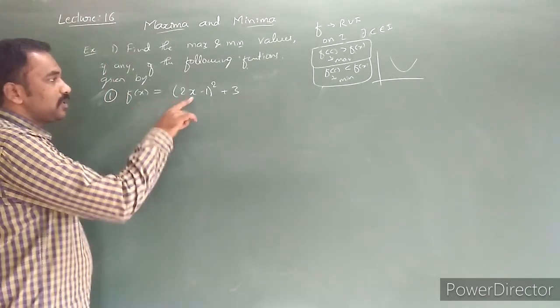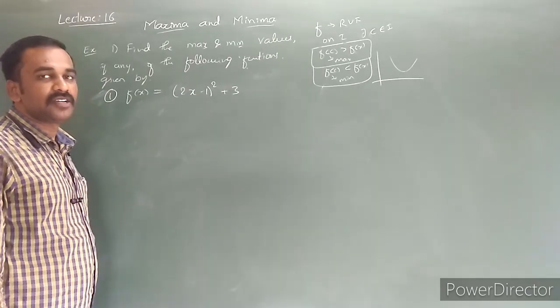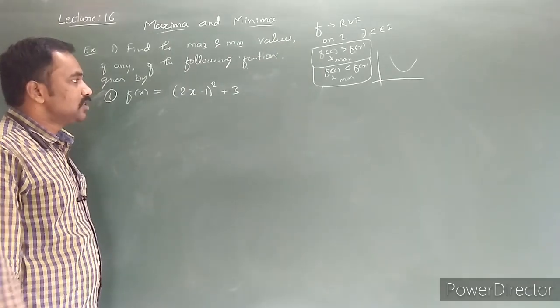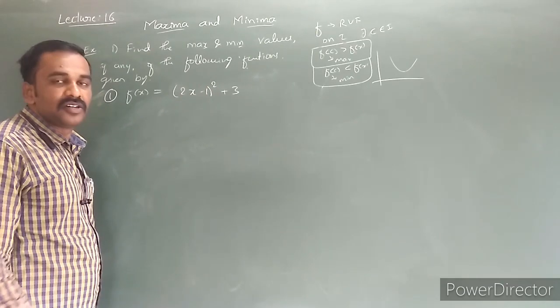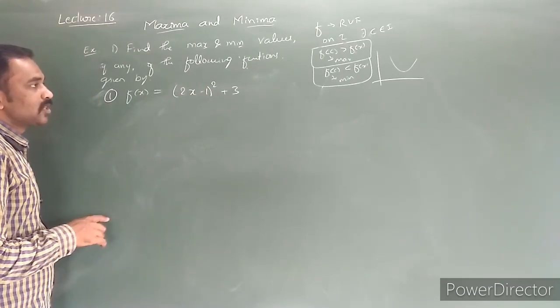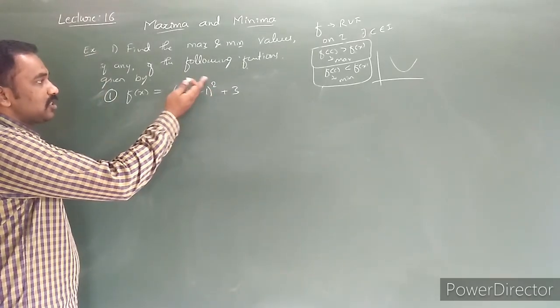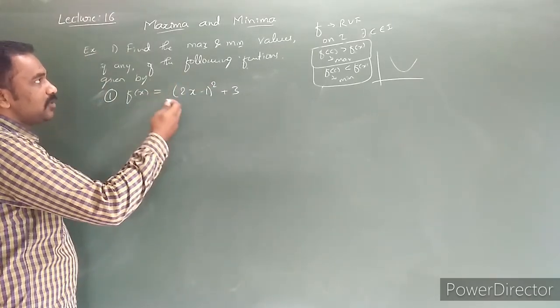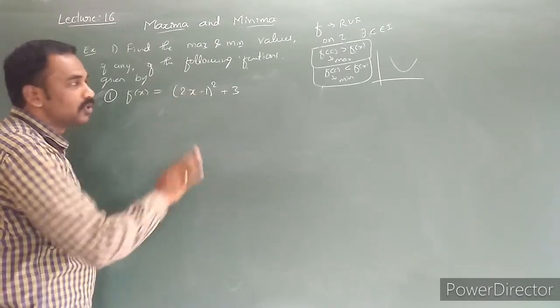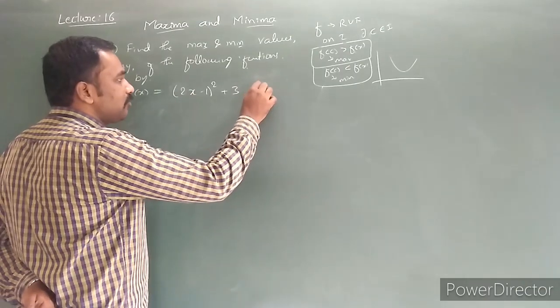This function f of x is equal to 2x minus 1 whole square plus 3, which is of the form x square plus 3, or a shifting of origin will get it anyway. So here once again, observe that we need to find either the minimum value or maximum value or both, if any exists. What is the domain of the function?